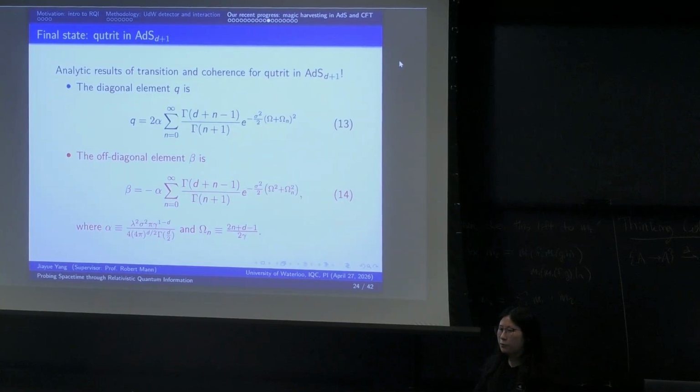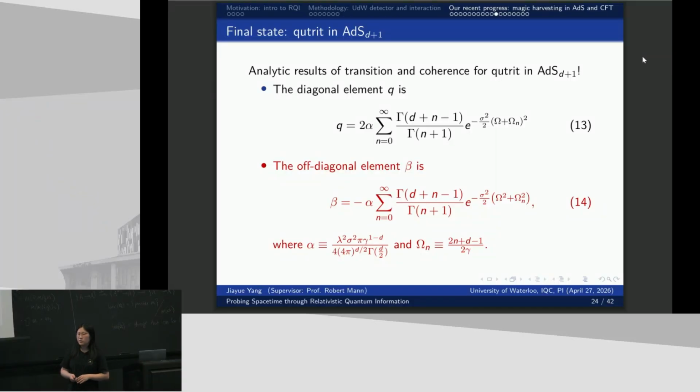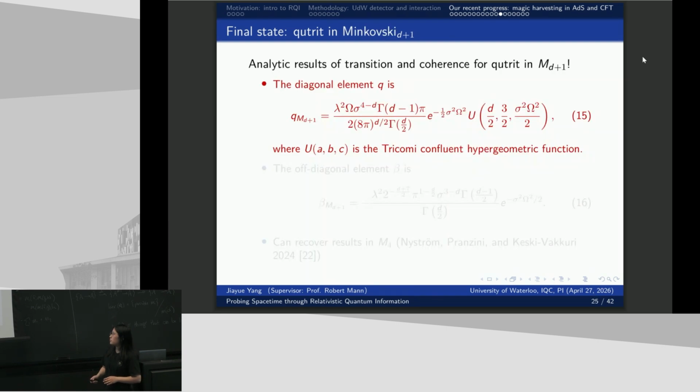And if you do the calculation of mana, you may find that for the anti-de Sitter spacetime, it is really only determined by the linear combination Q plus 2 beta because of their similar structures. So this is the result, and you can use this result to get mana.